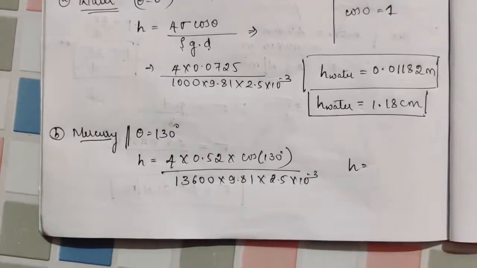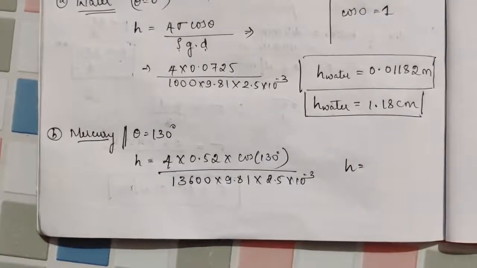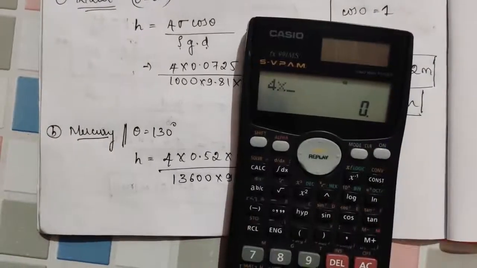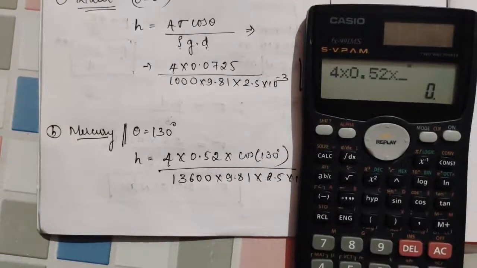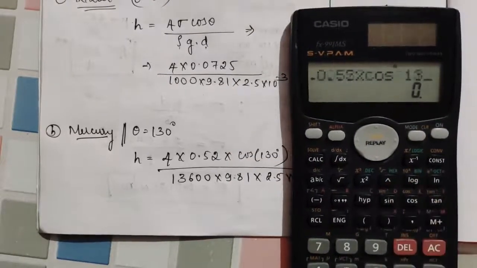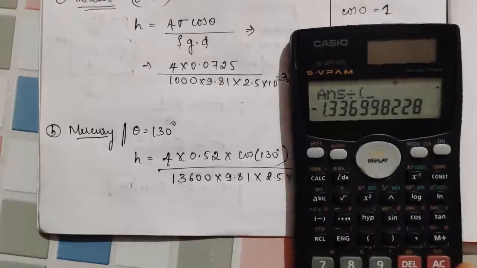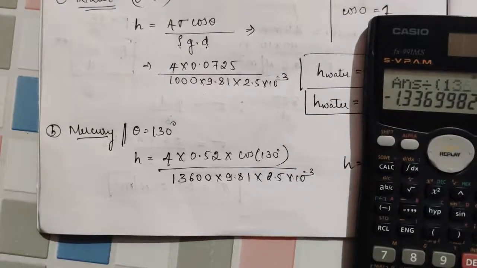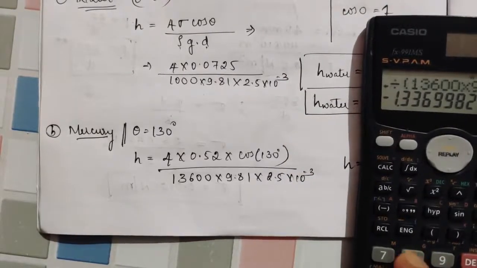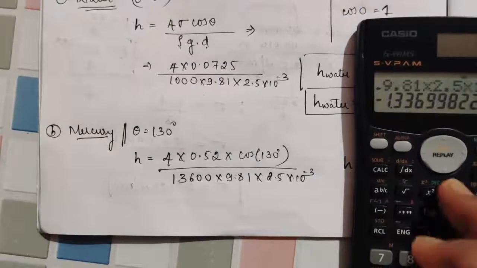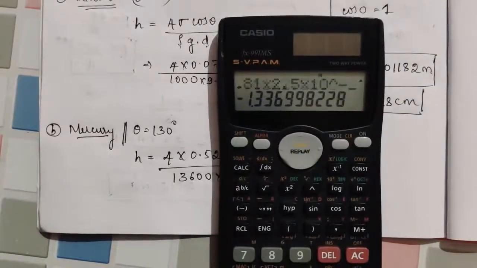So I will get the value of H as 4 into 0.52 into cos 130 divided by 13,600 into 9.81 into 2.5 into 10 power minus 3.